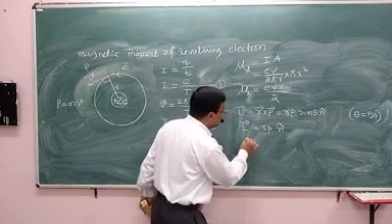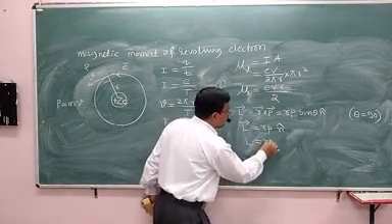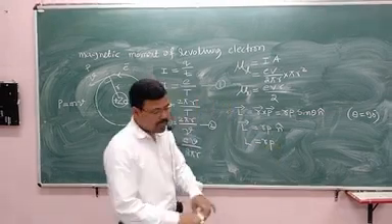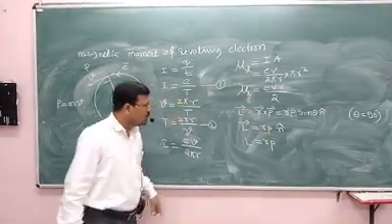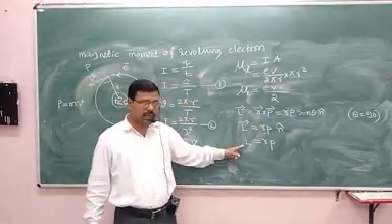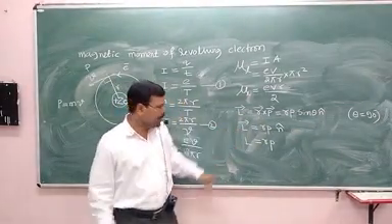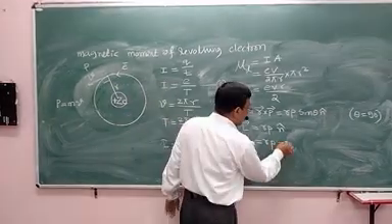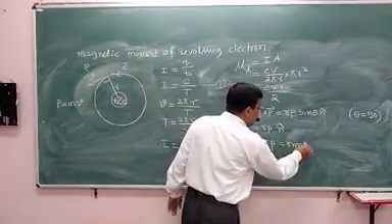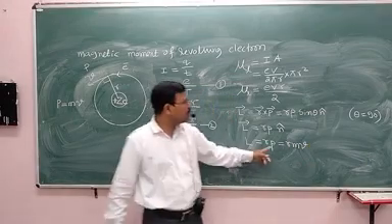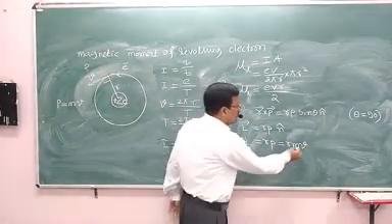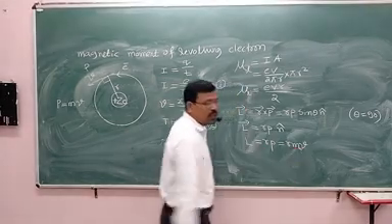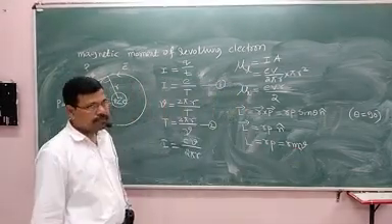In vector form we can write L is equal to r p, where sin theta is sin 90, which is 1. This is in vector form and this is in scalar form. Then how do we write this one? r p is equal to r m v, because linear momentum is the product of mass and velocity. Mass here is the mass of the electron, which is denoted by m e.